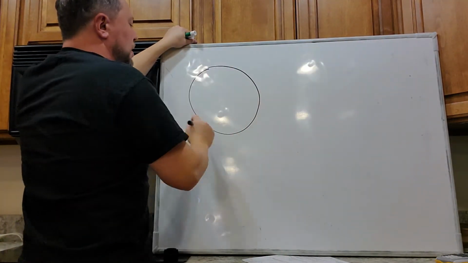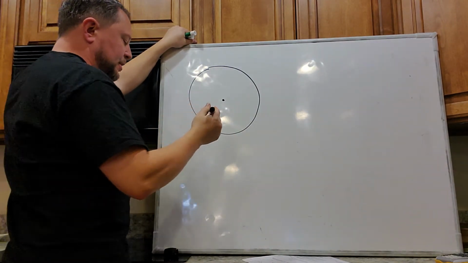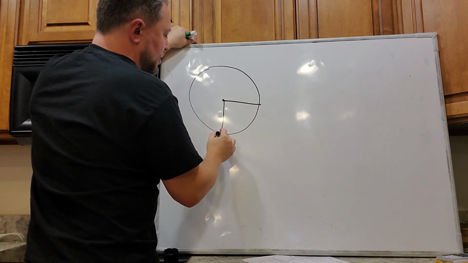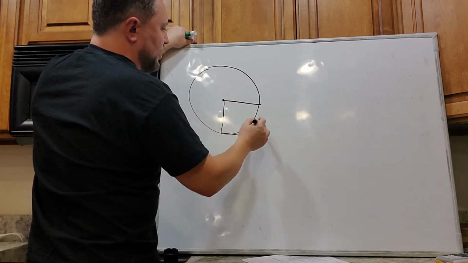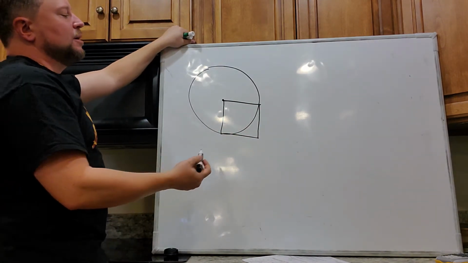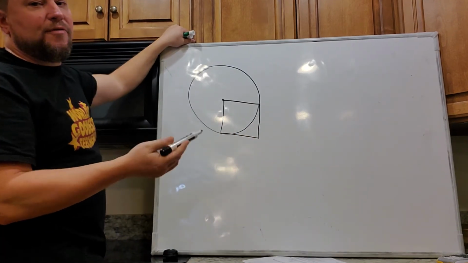All right, now let's try some more problems here. I'll start you off with one as easy as this. Let's say that I've got a radius, and then I've got this line and this line being drawn. And in these pictures, they'll specify that anything that appears to be a tangent is in fact so.